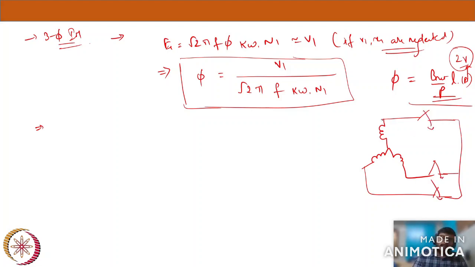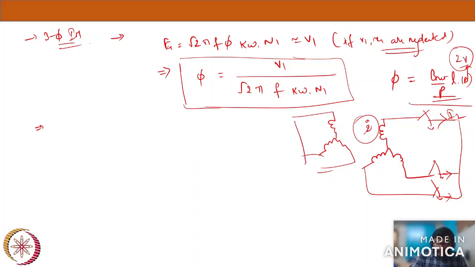At this instant, there flows some current in the secondary, and in this phase there will be some I2 current flowing, because let's say this is my primary. And as I said, we are applying this concept to my induction motor.